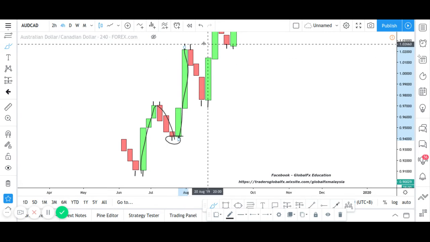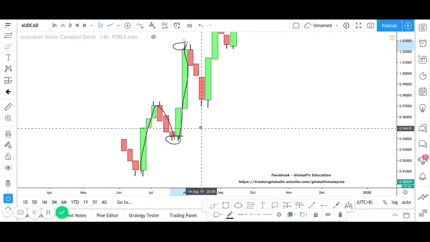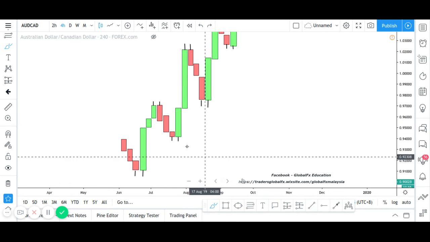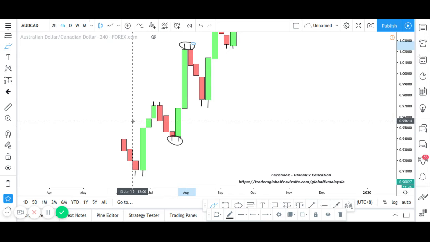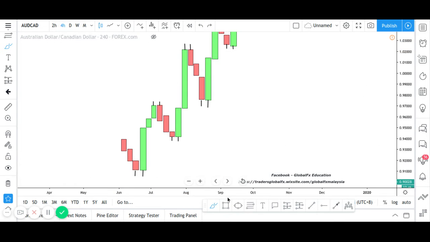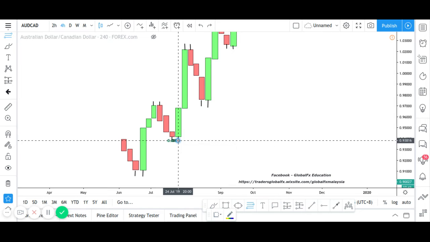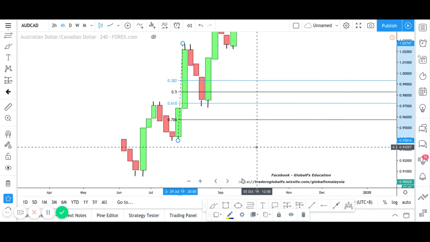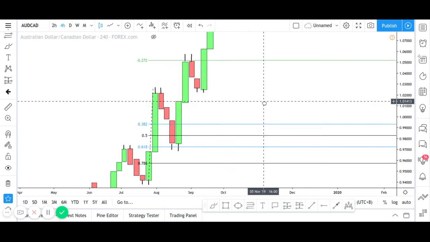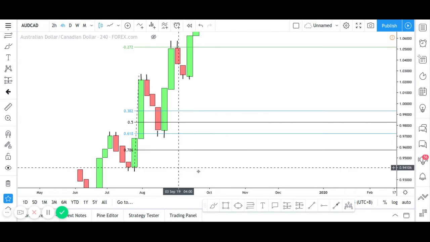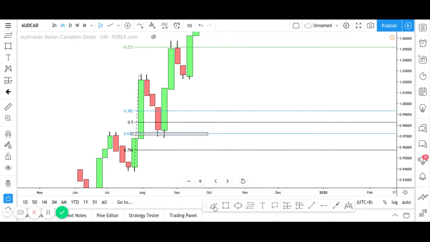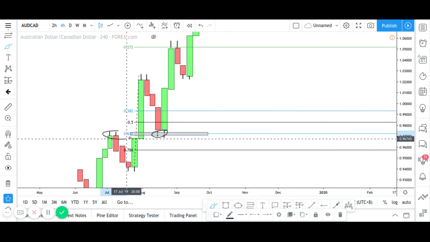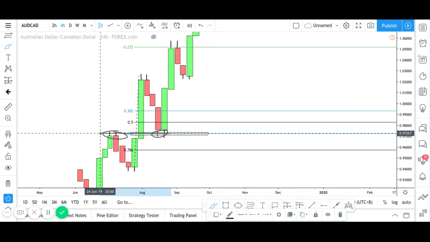Once we've got our profits at this area, we take our Fibonacci from this low all the way to this high of the impulse, and you guys will be able to see that the market respected the golden ratio, the 61.8 area, which is more in confluence with the previous support and resistance over here.